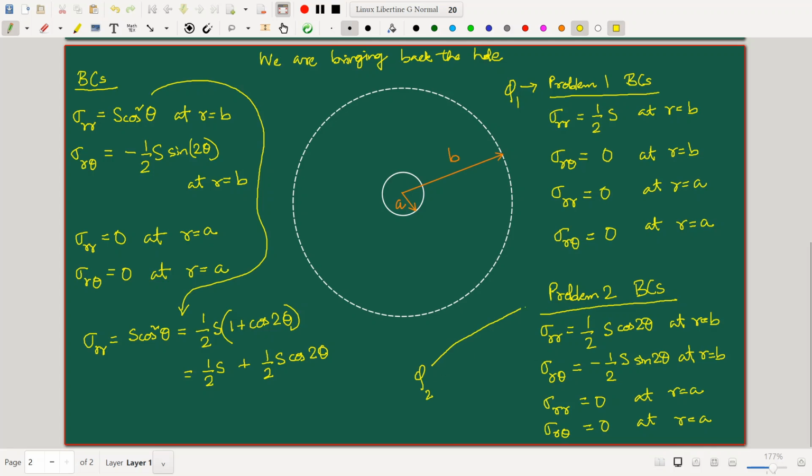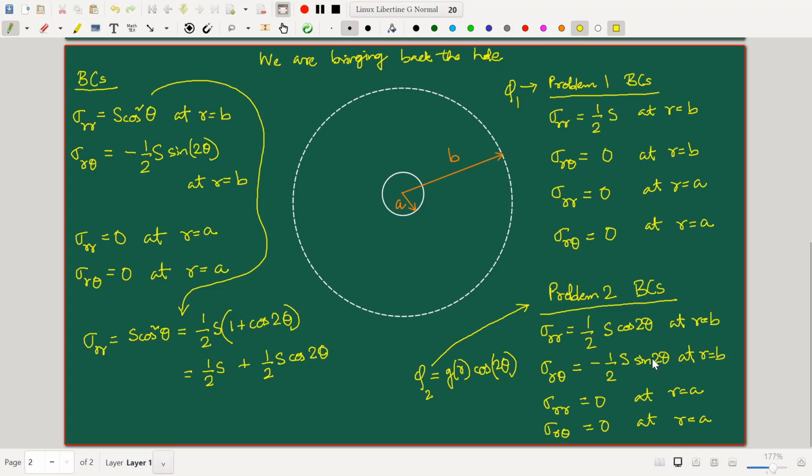The phi 2 will be for this problem, and that phi 2 form will be like g(r) cos 2 theta, where this g(r) is some function purely dependent on r, multiplied by this cos 2 theta term. You will find that if we start out with this particular form, then sigma rr will come out with a cos 2 theta dependence, and sigma r theta will come out with a sin 2 theta dependence.